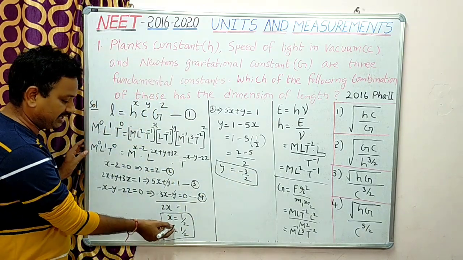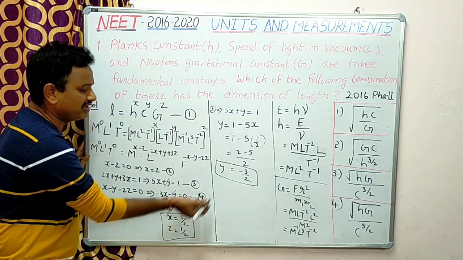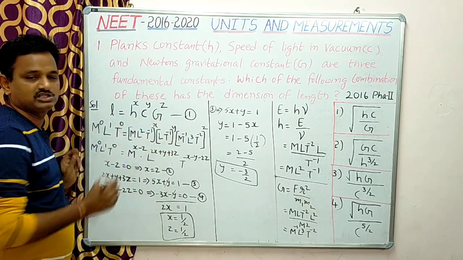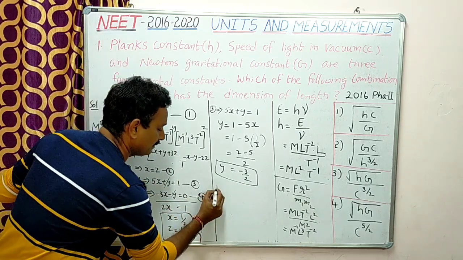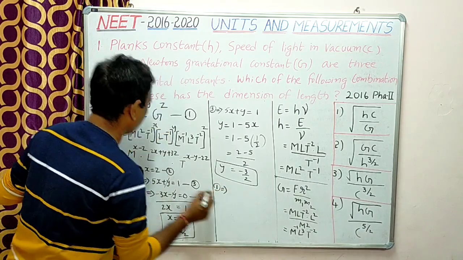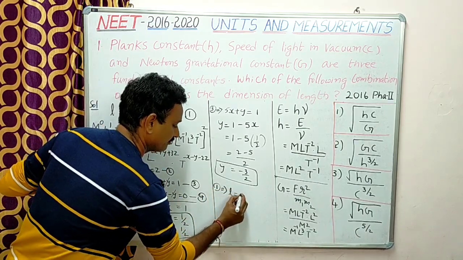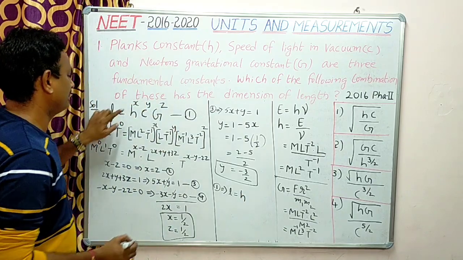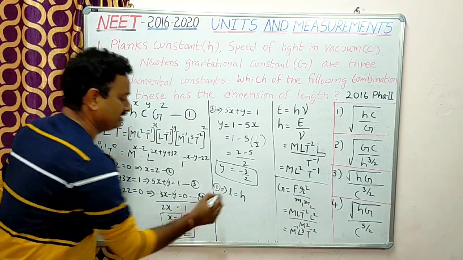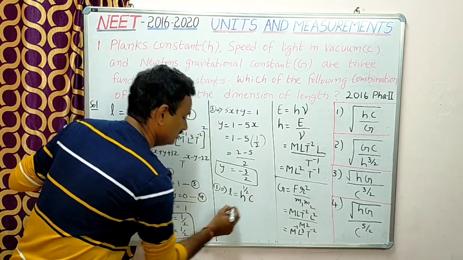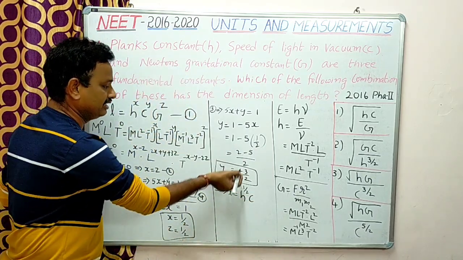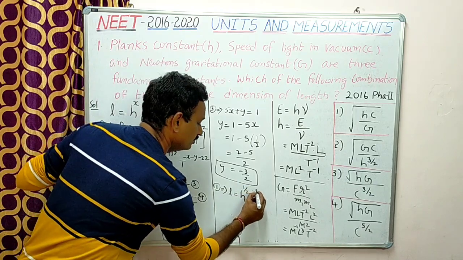Now substitute the x value, y value and z value in equation 1. If you substitute these values, what will you get? Equation 1 implies L equal to h power x. What you got for x? That is 1 by 2. Next c power y. For y you got minus 3 by 2.